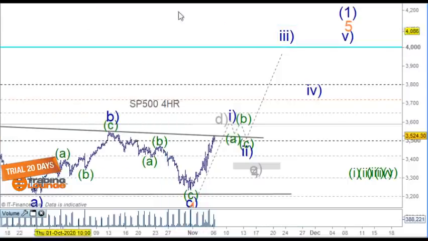So that count would take us well up into that 4,000 area there, which feels about right, really.